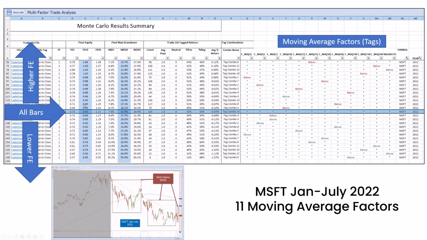Now, the trades that turned out to be better in terms of final equity were pretty much all where close price was below the moving average, even in a down market. Is it surprising? It could be. To me, it was surprising to see this. But it's always good to run the numbers and check it out for yourself, obviously.